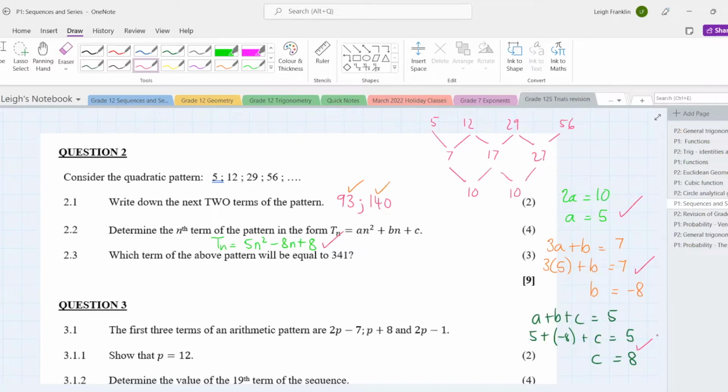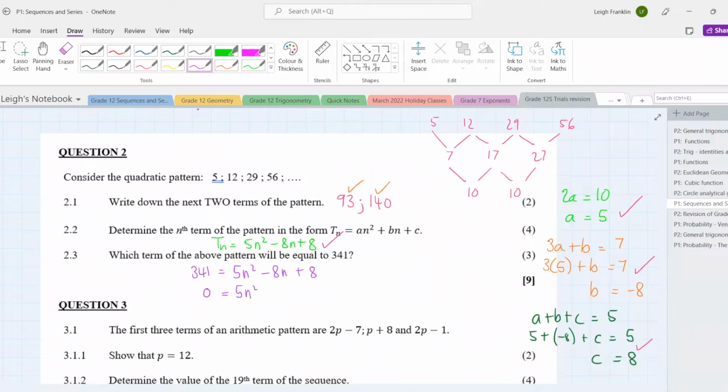Exactly. Okay, so now we've got to take 341, our Tn, and make it equal to 5n squared minus 8n plus 8. So that'll be at least one of our 3 marks. Because it's quadratic, we need to get it into standard form.